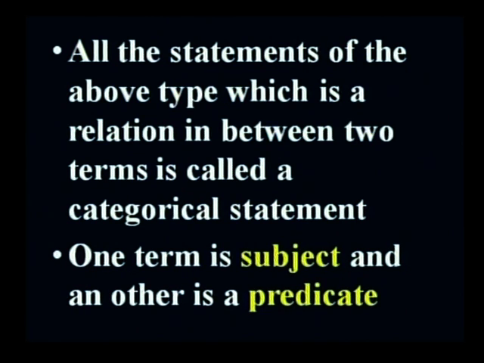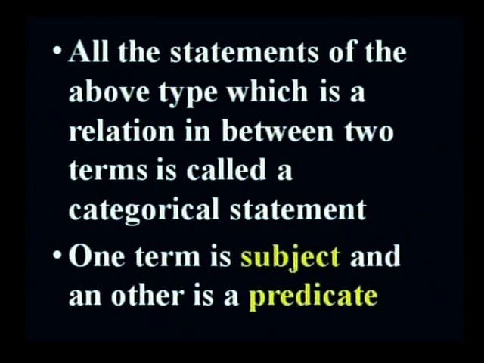All the statements of the above type express a relation between two terms, so we call them categorical statements. In all A's are B's, the first statement we had, A is the first term and B is the second term.